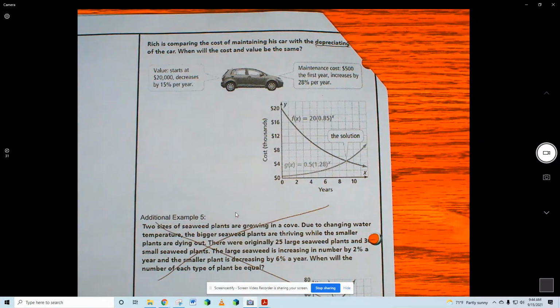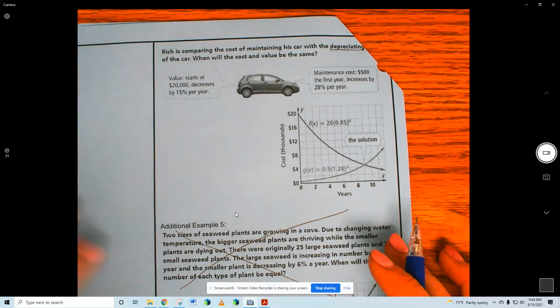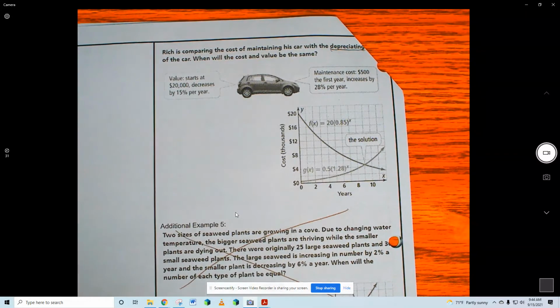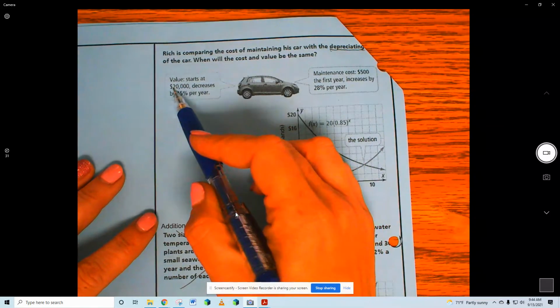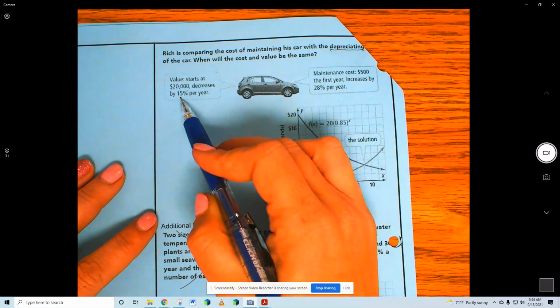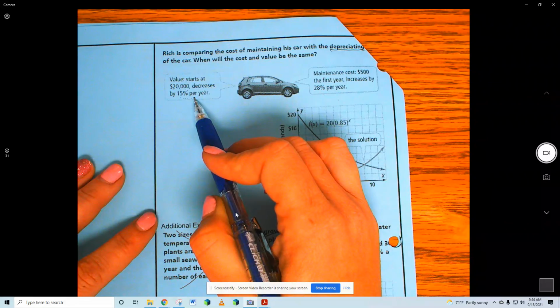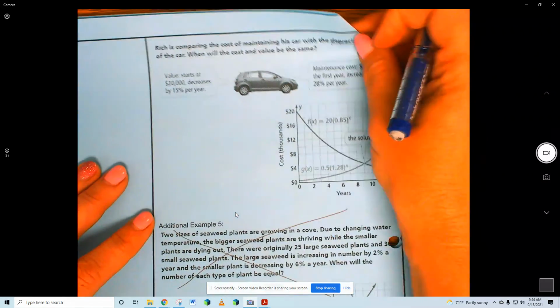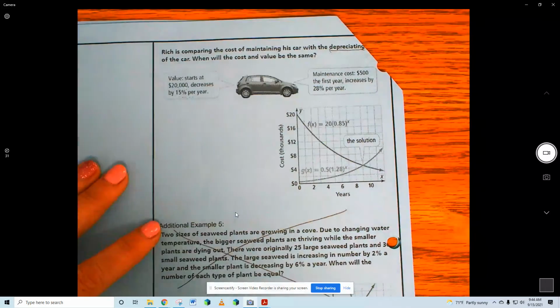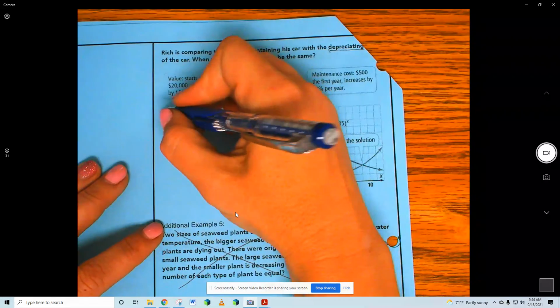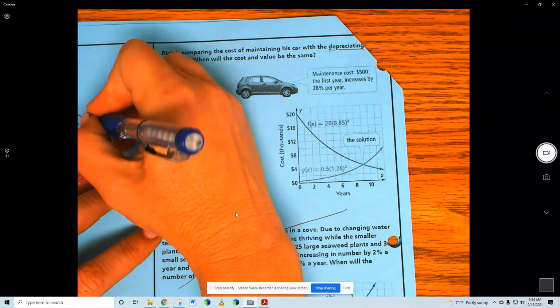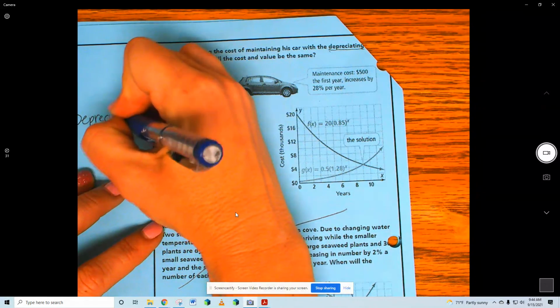Your iPhones depreciate in value. iPads depreciate in value. Okay, so here is my question. If the value starts at $20,000 and it decreases by 15% a year, I'm going to set up, first of all, my depreciation, because there's two formulas here.